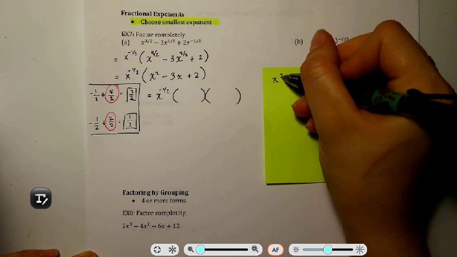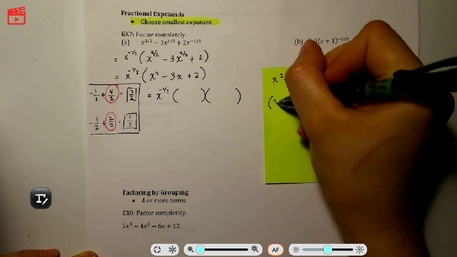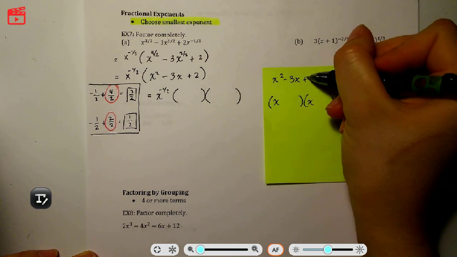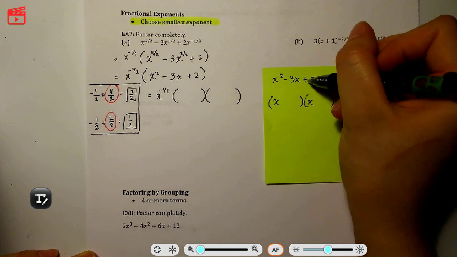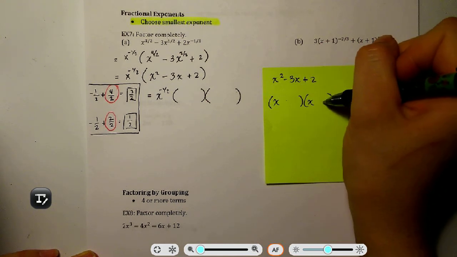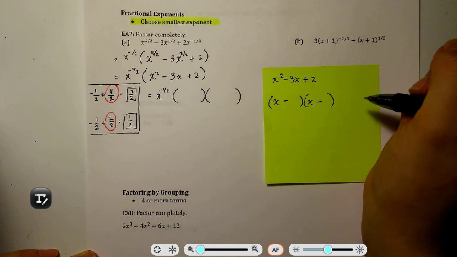Since the x squared term has a coefficient of 1, we can just go ahead and put the x in right there. Because the last sign is a plus, the signs are both going to be the same, either both pluses or both minuses. Since the middle term is a minus, both of these should be minuses.